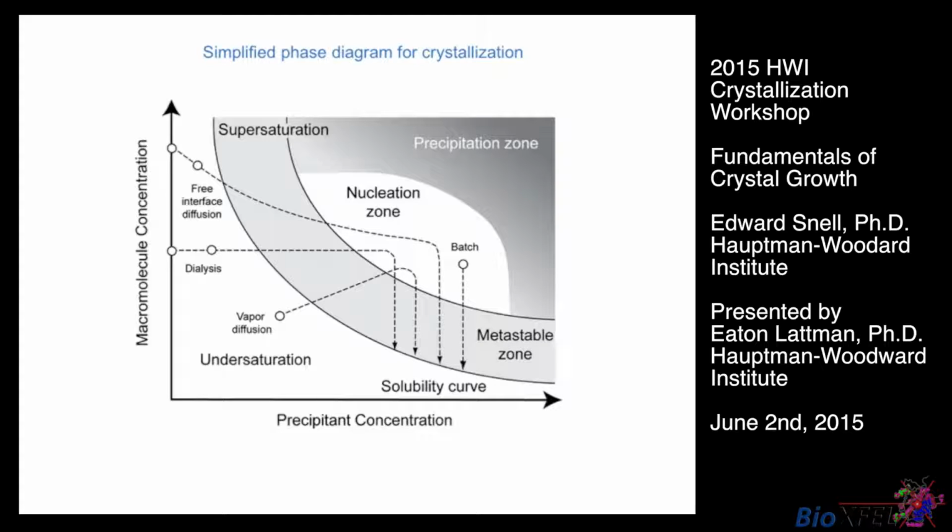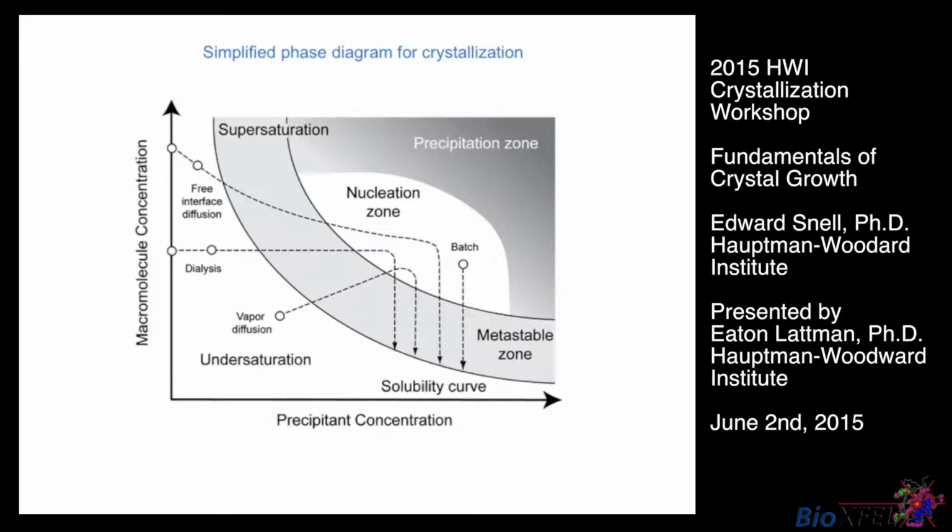this path out here. If you look at something like dialysis, what you're going to do is have a protein solution in which precipitant gradually dialyzes in. So this is a path over time. And again, if you're lucky, you start to form nuclei, and then the macromolecular concentration, this is the concentration-free solution, declines when you form nuclei and you go through the metastable zone.